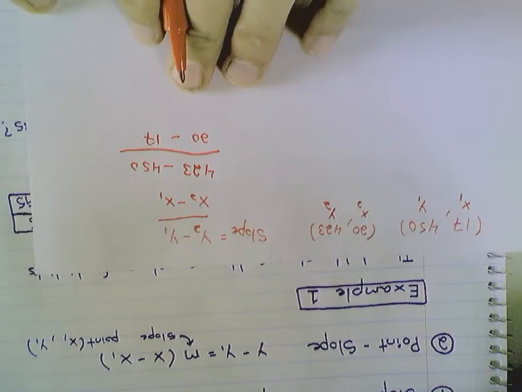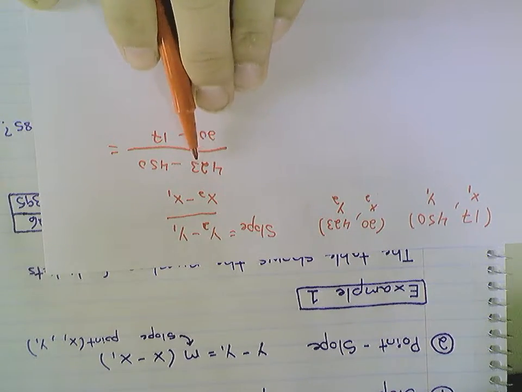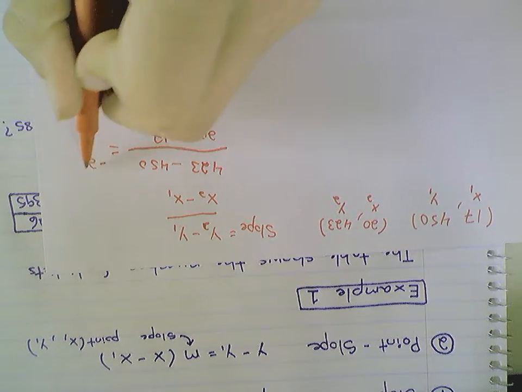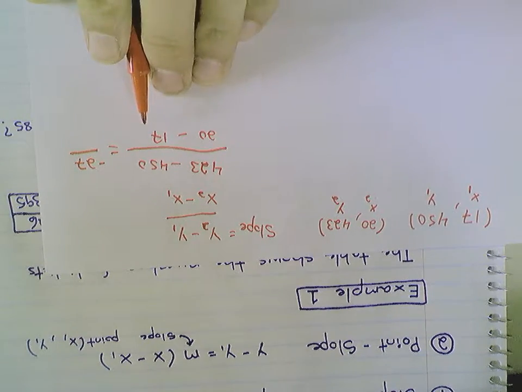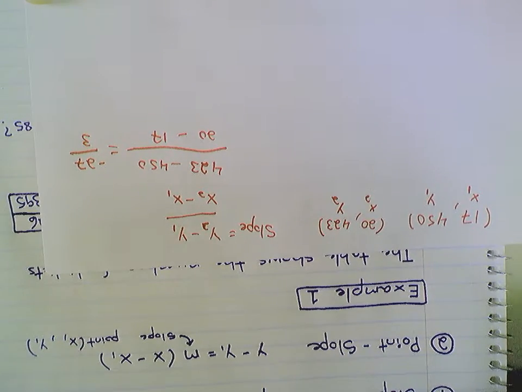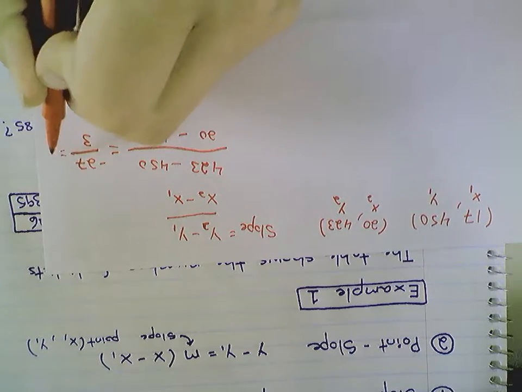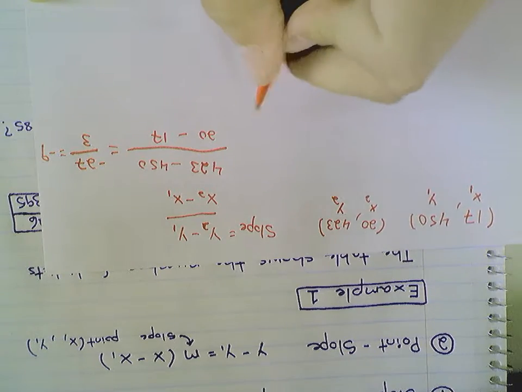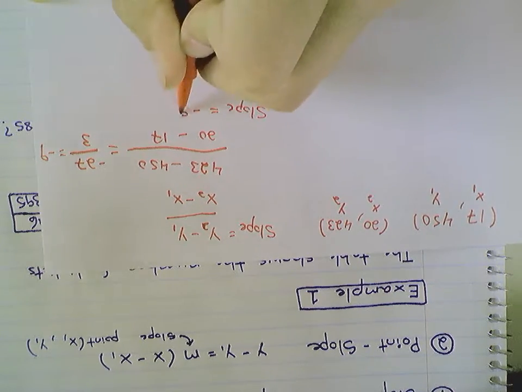At this point, I can simplify both the top and the bottom of the fraction. 423 minus 450 is negative 27, over 20 minus 17, which is 3. Then negative 27 divided by 3 is negative 9. So my slope is equal to negative 9.